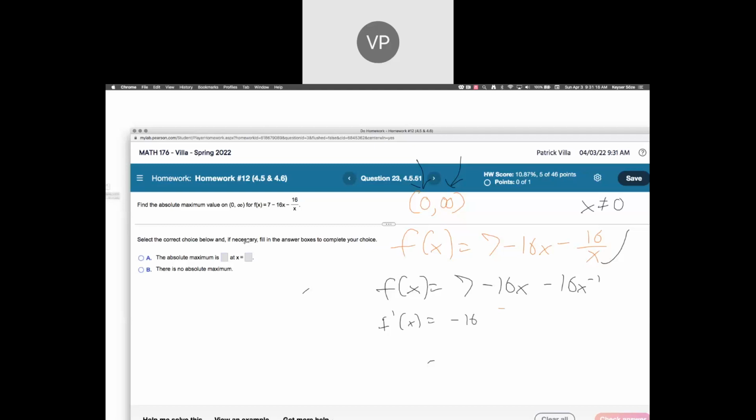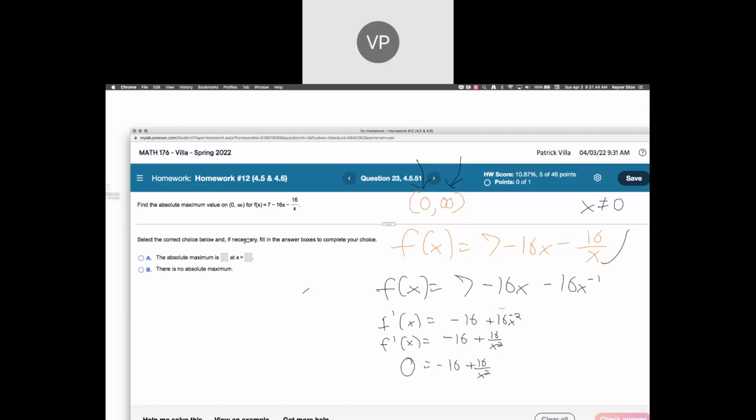So we get a -16 plus 16x to the -2. So my first derivative is -16 plus 16 over x squared. And to find our critical values, we still set that whole thing equal to 0. And we get 0 equals -16 plus 16 over x squared.